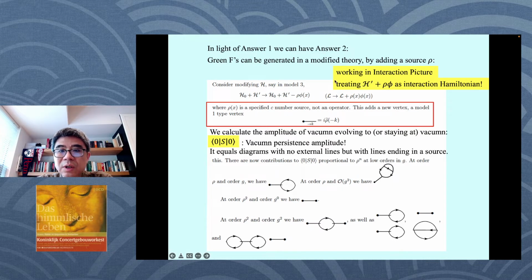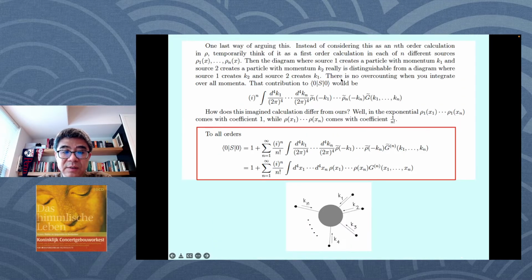For answer 2, I work in the interaction picture, in which we treat the original interaction Hamiltonian and the rho phi as our interaction. And then we can calculate this thing, and you will see that all the diagrams will appear. Every point represents a source.